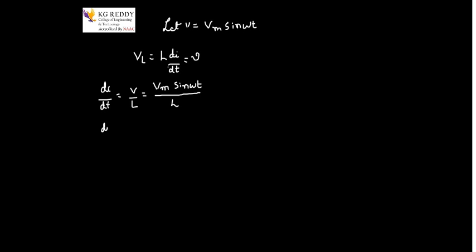I'll get di is equal to Vm by L into sin omega t into dt. Now I'll integrate both sides to get the total value of current.